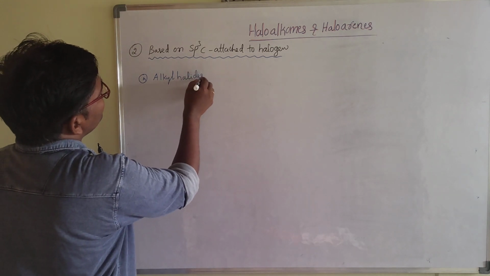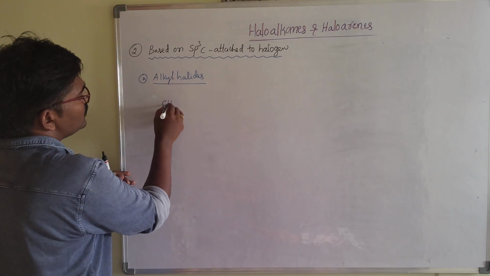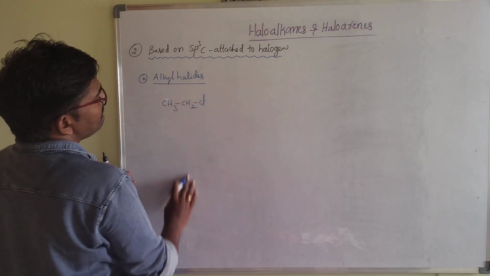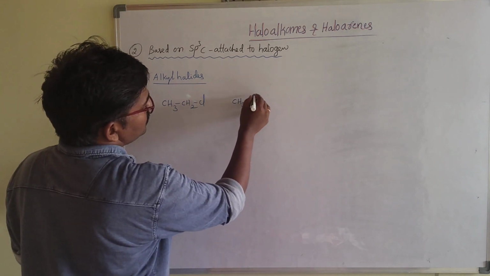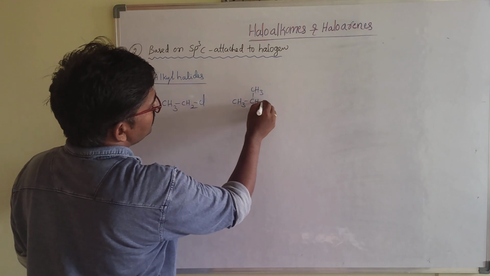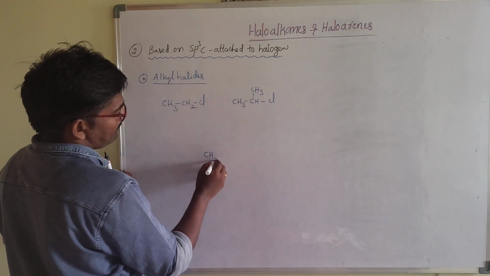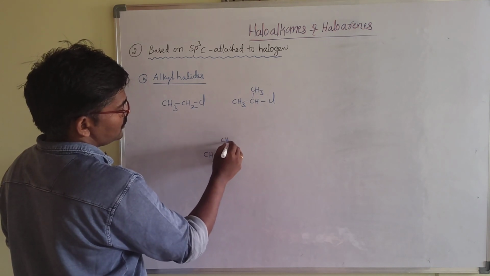Alkyl halides. Yes, of course, alkyl halides. CH3, CH2, Cl. CH3, CH bond CH3, Cl. Then one more, CH3, CH3, then CH3, Cl.